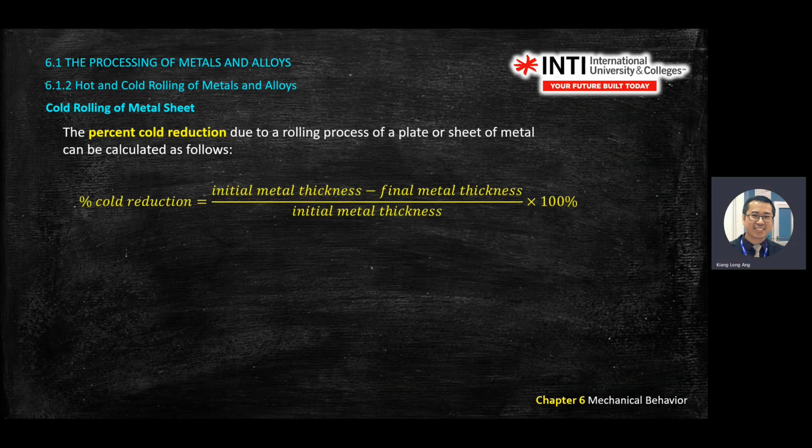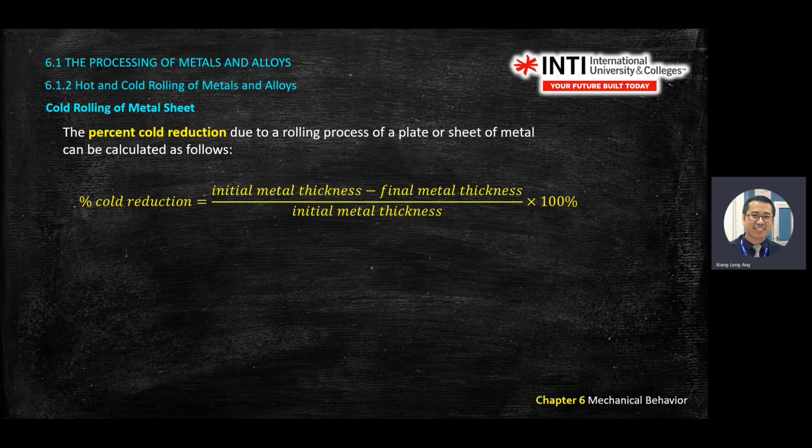So there's an equation for cold rolling. We are interested in the percentage of cold reduction. We take initial thickness minus final thickness, divided by initial thickness, times 100%. You take the initial minus the output, or final, right?